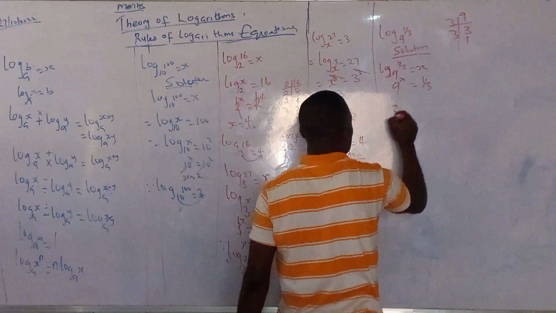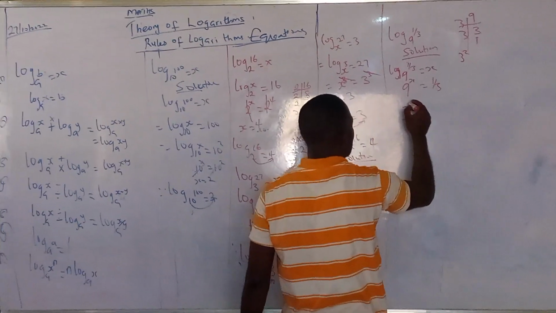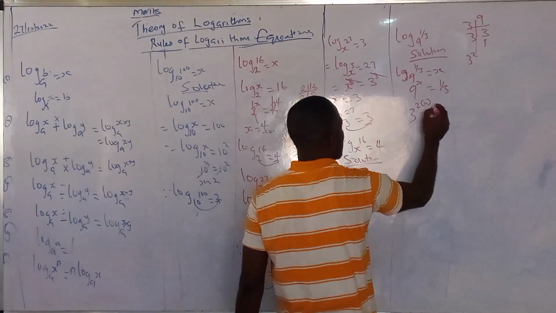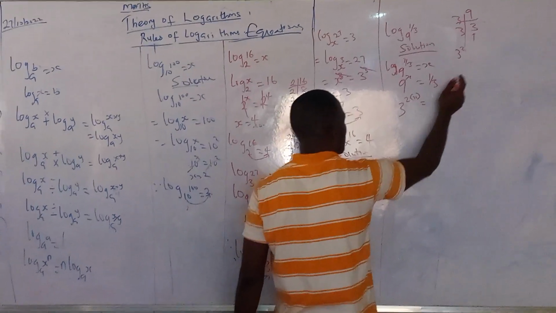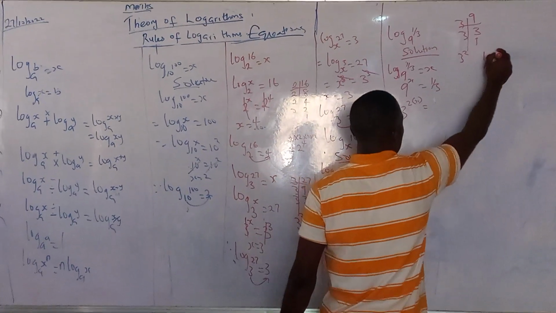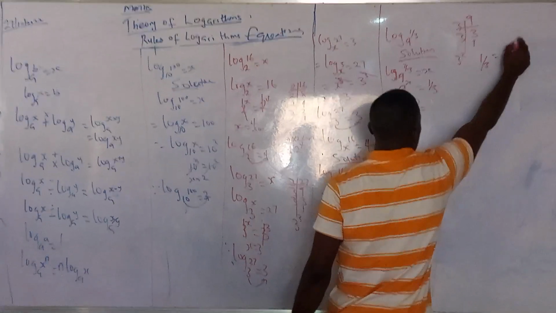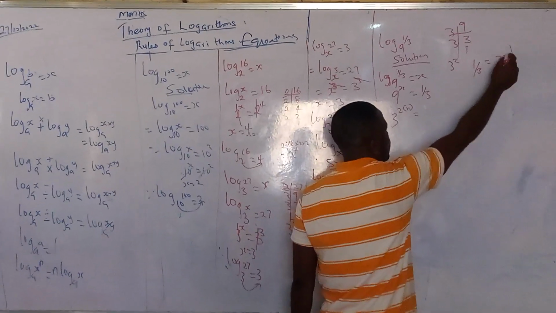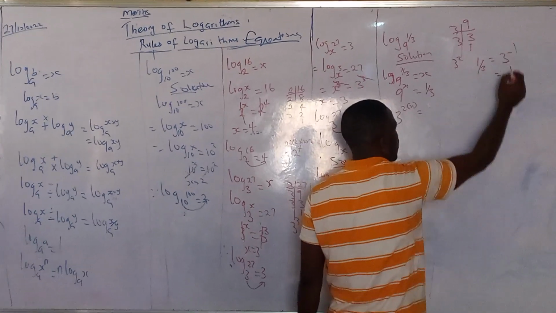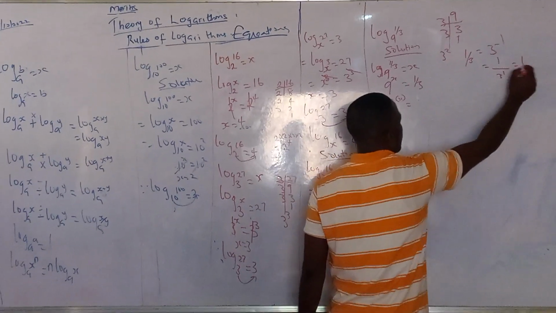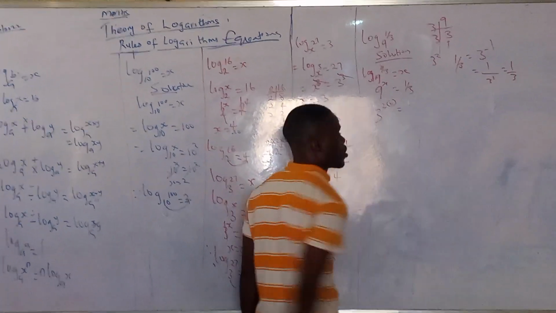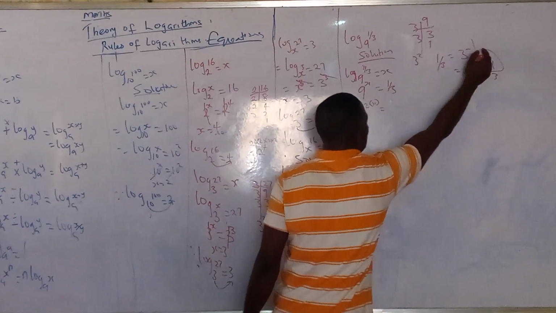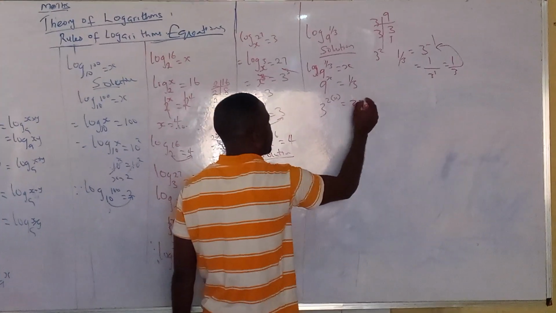So we have 3 to the power of 2. Then we put our x in bracket equals to, now this can be converted. 1 all over 3 is also the same as 3 to the power of minus 1. So we converted this to 3 to the power of minus 1.